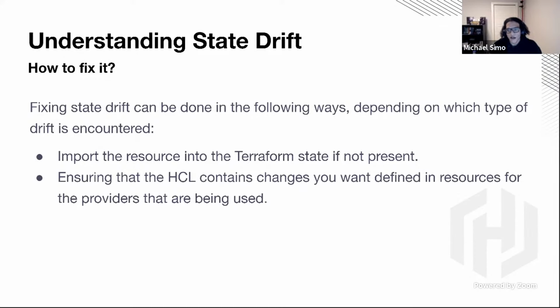You can just follow the core Terraform workflow, which is to write your HCL, plan it via the Terraform CLI, and then apply it. Generally, that will fix most drift because you will ensure that Terraform, once again, is the source of truth for what's defined in your cloud infrastructure.